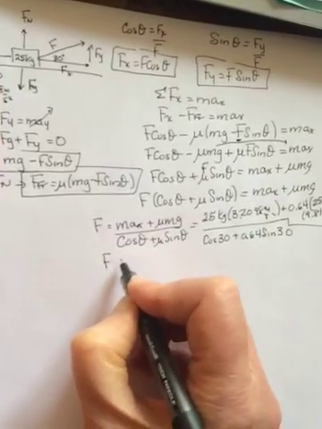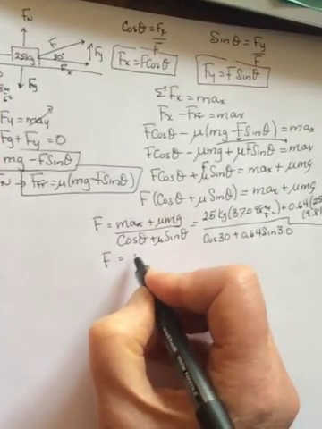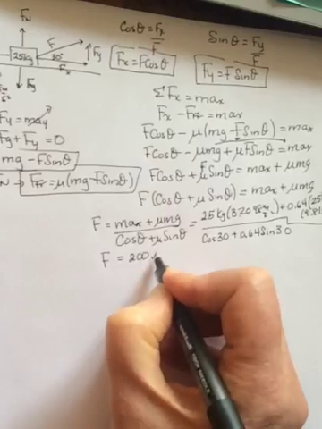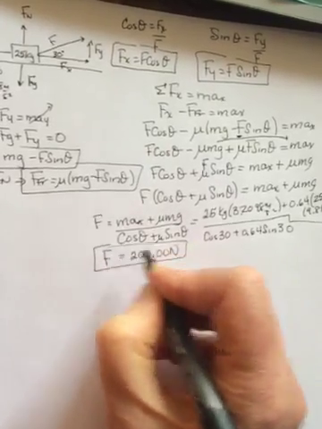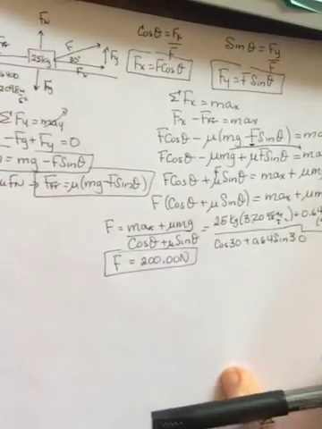And when you do this, you get an F of 200 newtons. It's really 199 and like 4 nines, so close enough to 200.